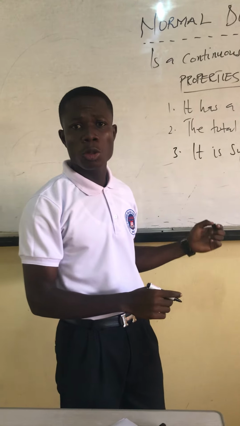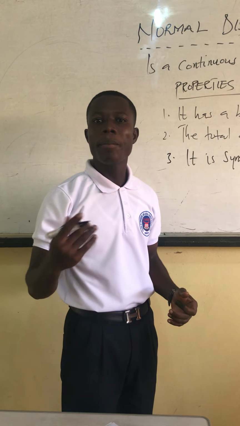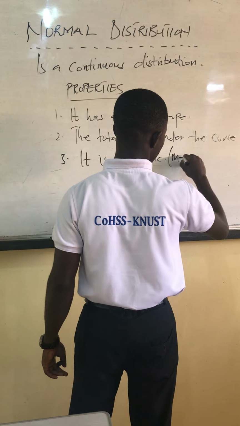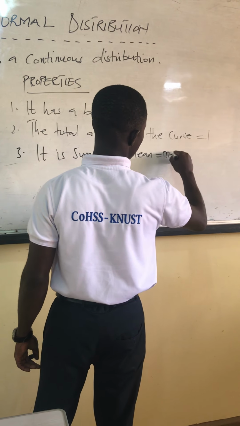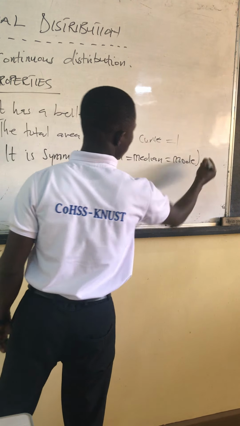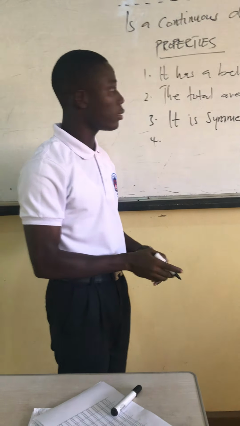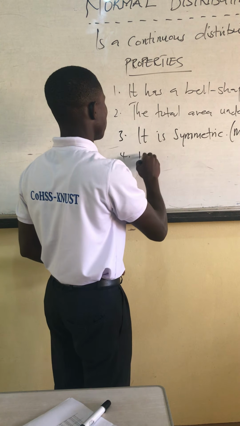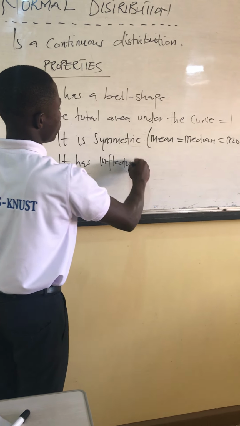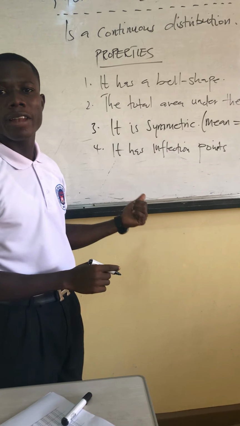And when we say a distribution is symmetric, it simply means that the mean, the median, and the mode are all equal. The fourth property is that it has inflection point.